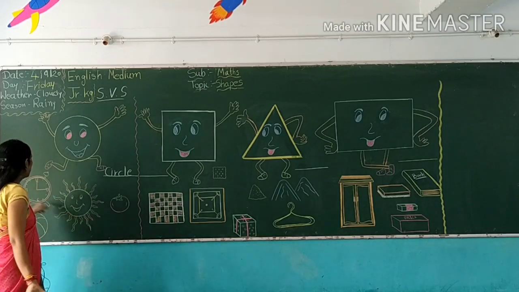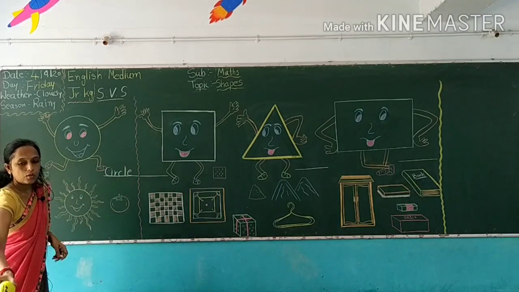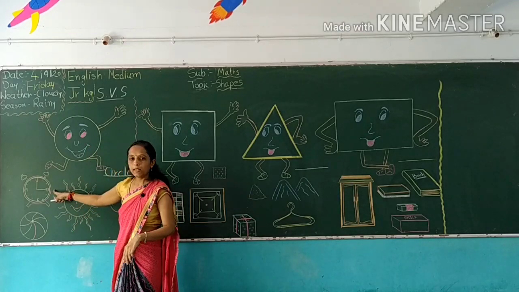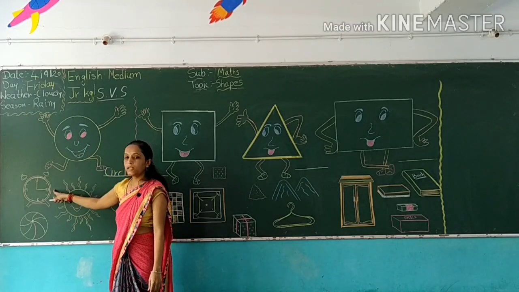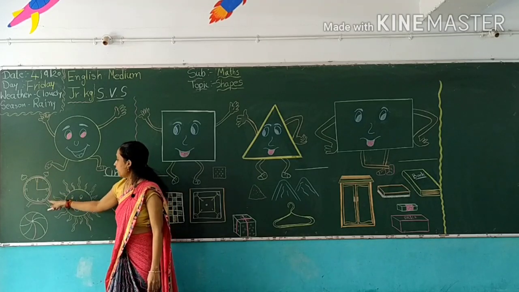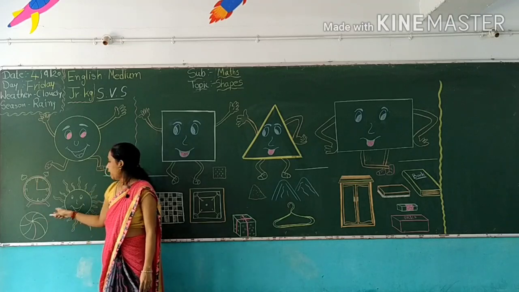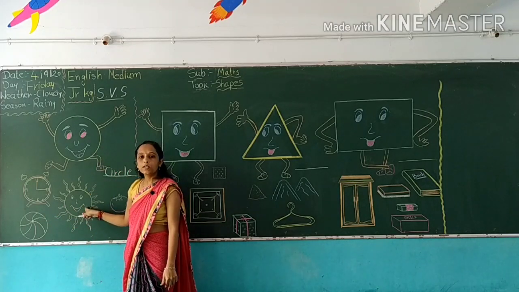And here I drawn some examples. So look here. What is this? Tell me. Yes, this is a clock. The clock is also in circle shape. Okay, and what is this? Sun.